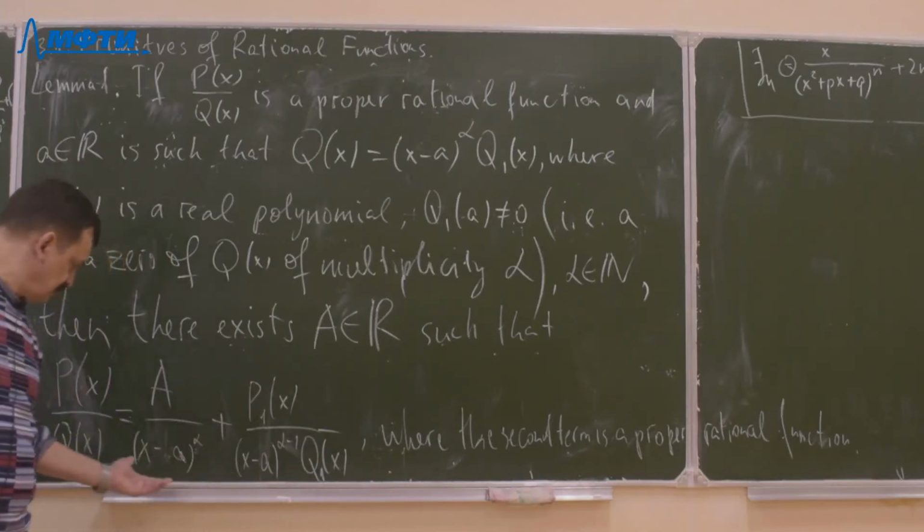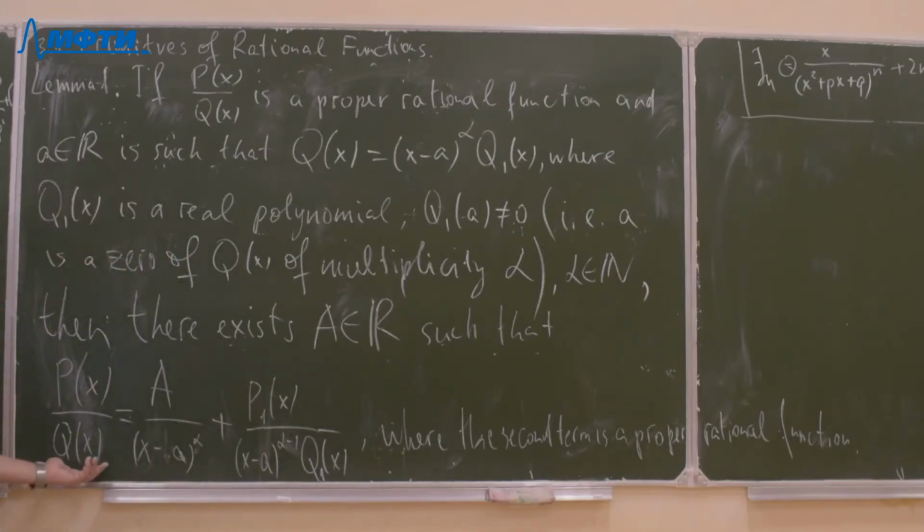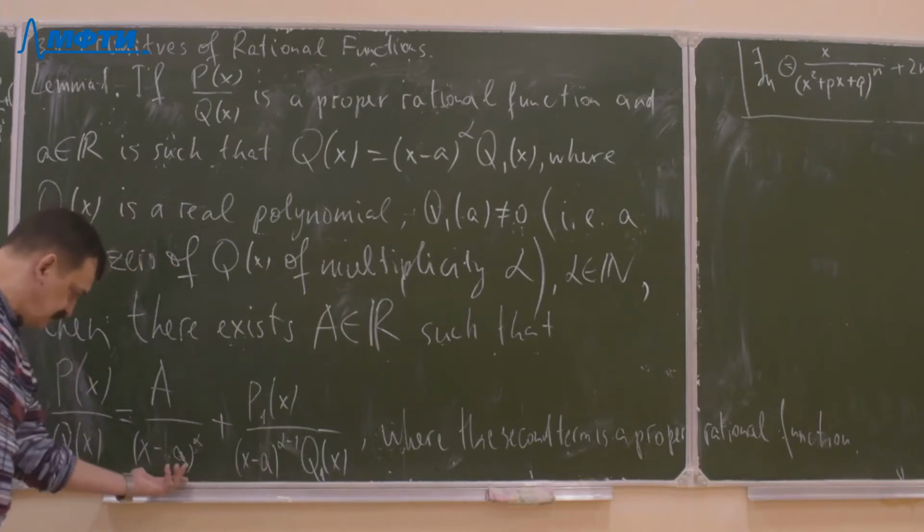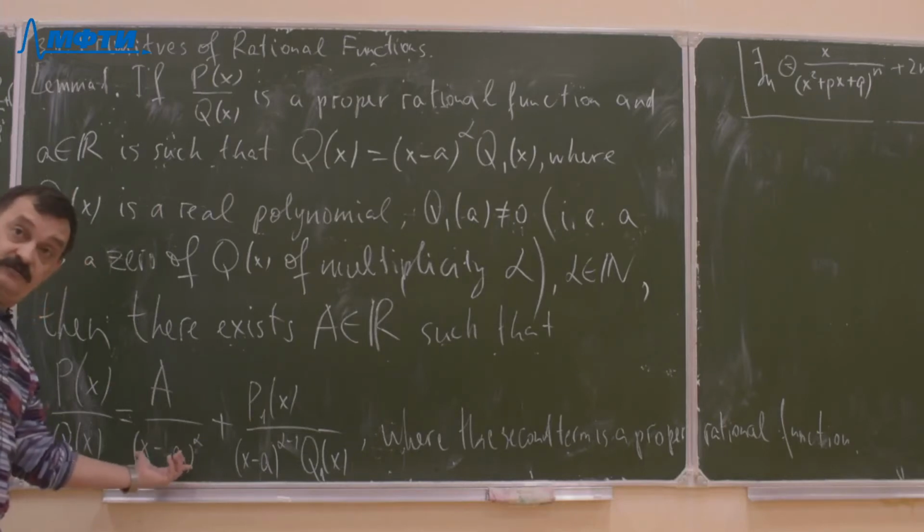So you see that here you had (x minus a) to the power alpha, and after that you have one term which has only (x minus a) to the power alpha in the denominator, right?